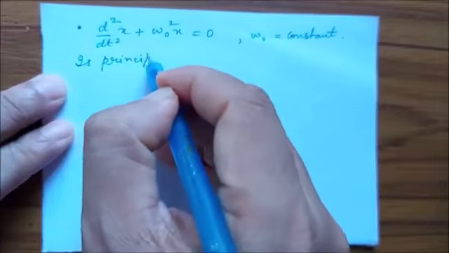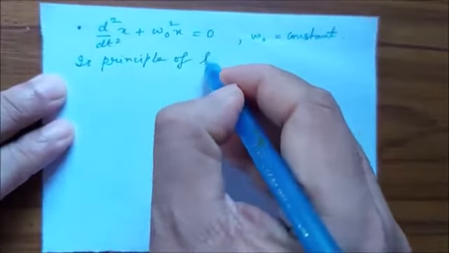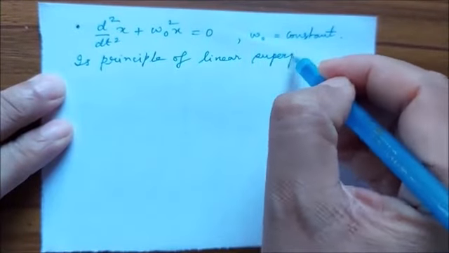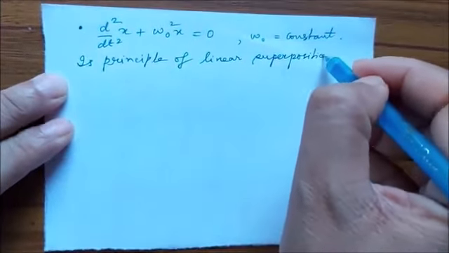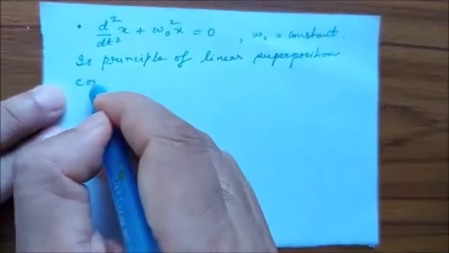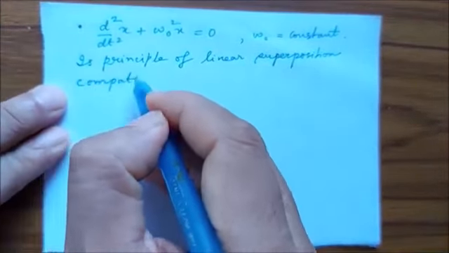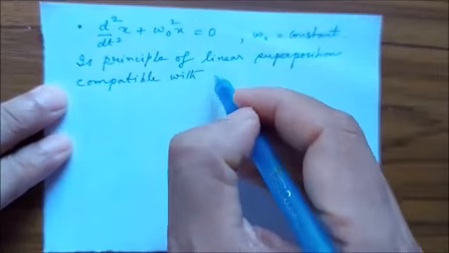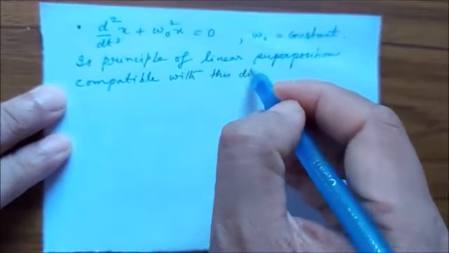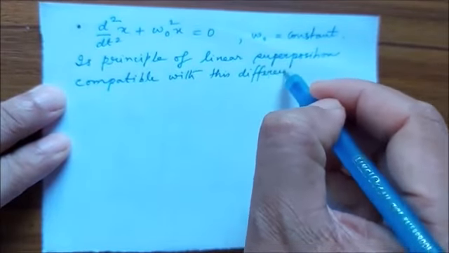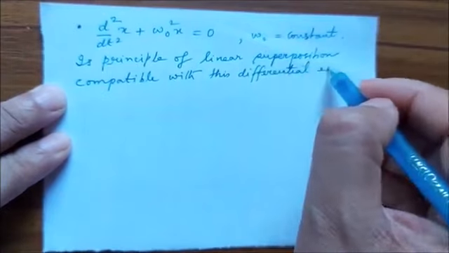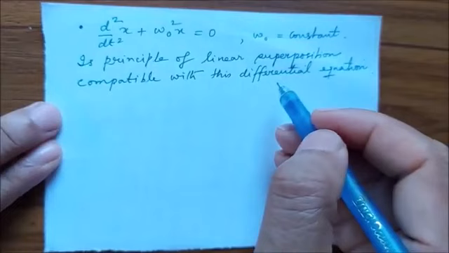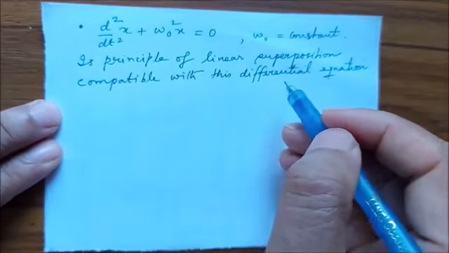So the question is: is the principle of linear superposition compatible with this differential equation that describes a system, to be precise, an oscillator?